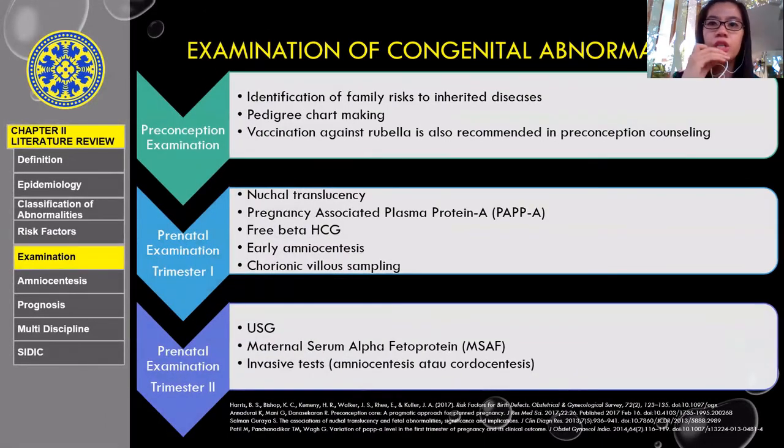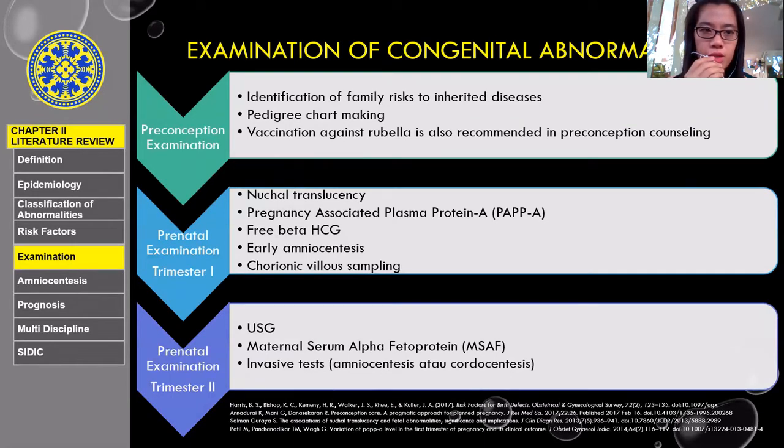The examination of congenital abnormalities, we can do it from preconception, prenatal examination during the first trimester and the second trimester. The preconception examination is to identify family risks of inherited disease, the pedigree chart making, and vaccination against rubella is also recommended in preconception counseling.